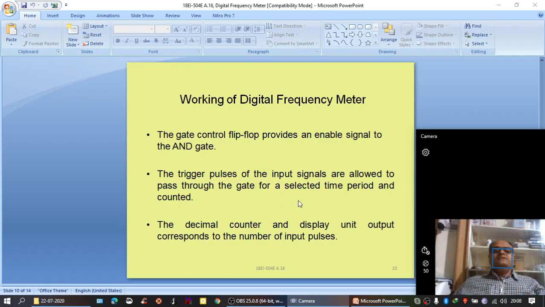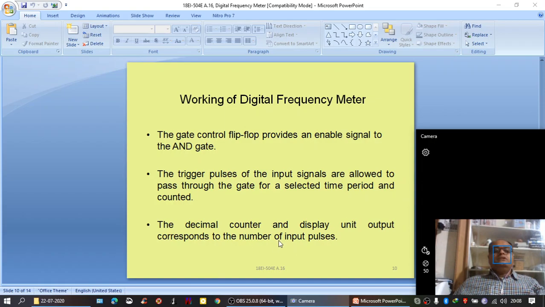The trigger pulses of the input signals are allowed to pass through the gate for a specified time period, and for that period only the pulses are counted by the counter.